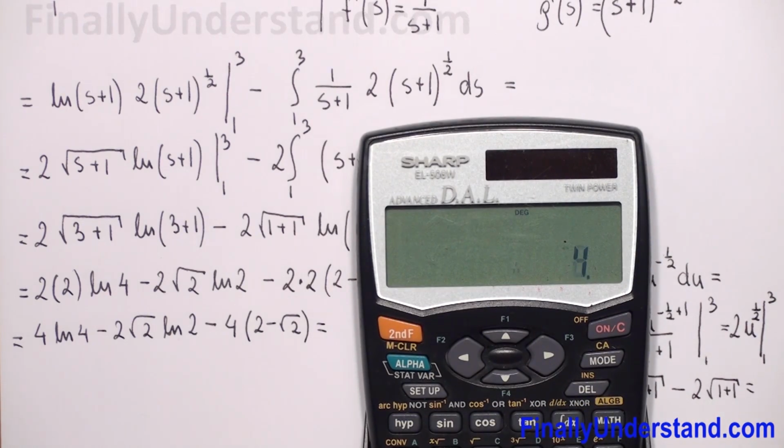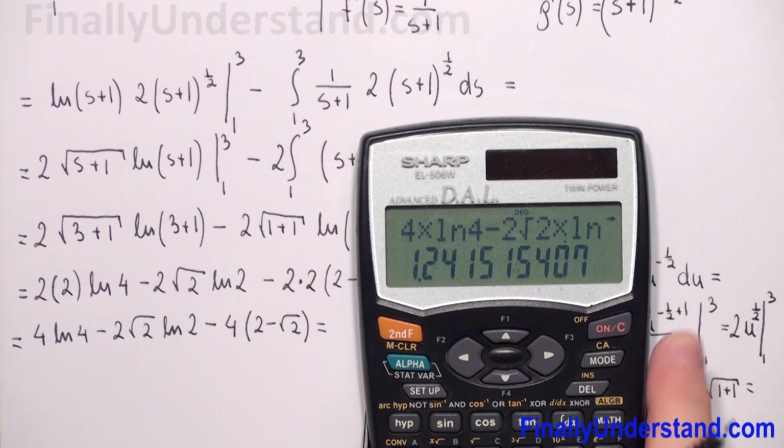We have 4 times natural logarithm of 4 minus 2 times square root of 2 times natural logarithm of 2 minus 4, and in parentheses we have 2 minus square root of 2. Close parentheses, this is equal 1.24 we can write.